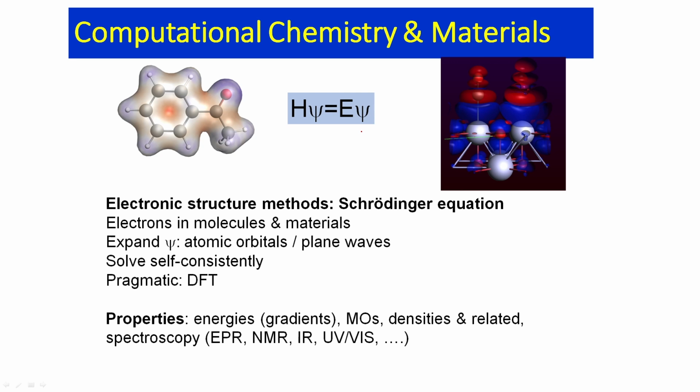So, electrons are presented in molecules as well as materials or atoms. We have to expand this psi, the wave function, which provides atomic orbitals or plane waves, and solve this equation for self consistency. We can obtain properties like energies, molecular orbitals, densities, and also spectroscopic properties like NMR, IR, UV visible, because they are also electronic interactions.